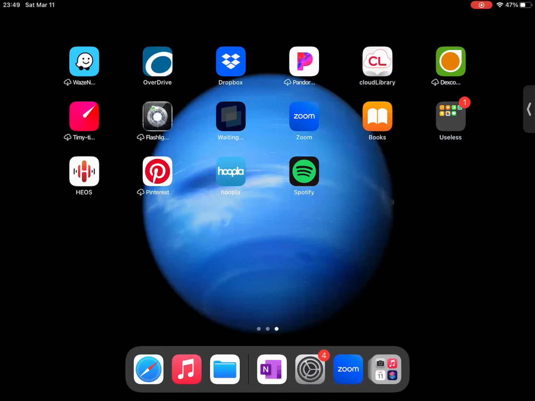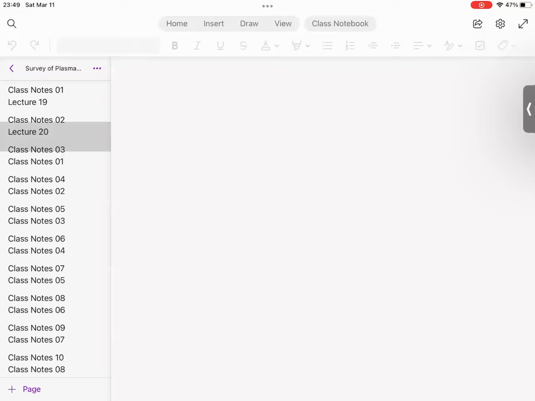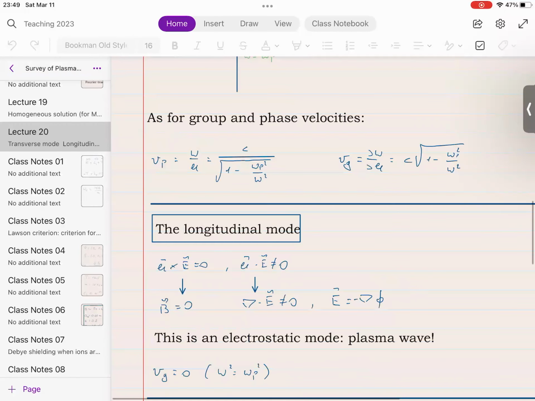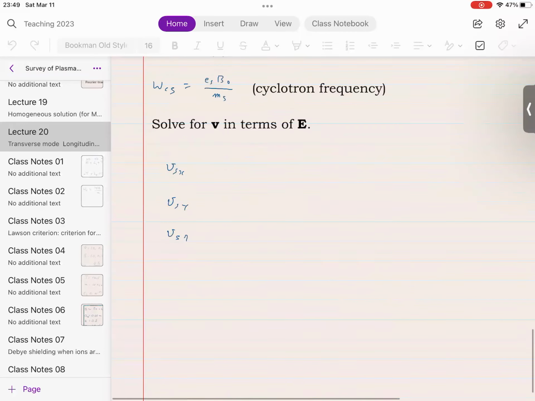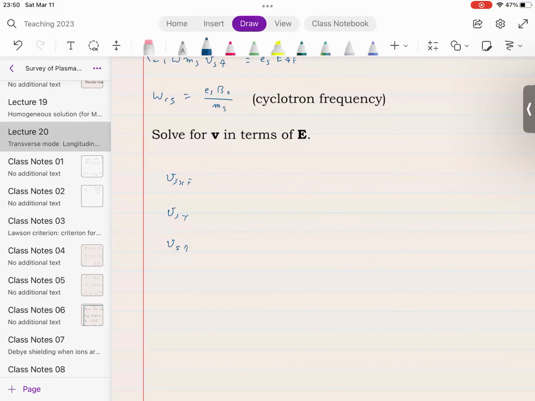Oops, what happened? Technical difficulties. These are the Fourier transforms.